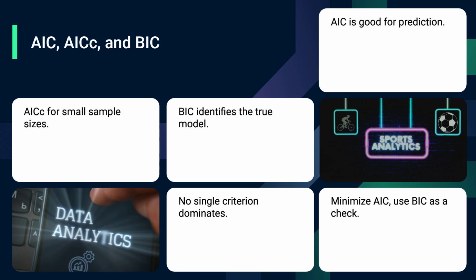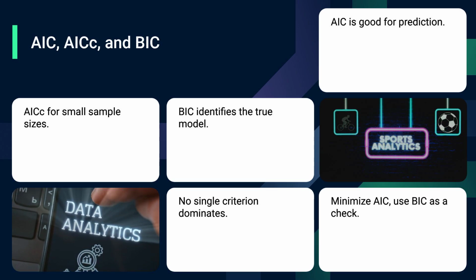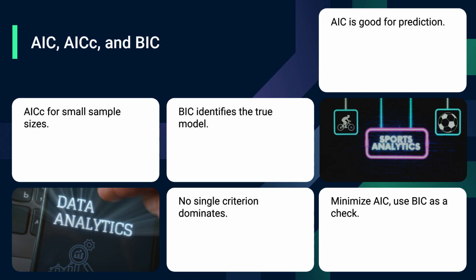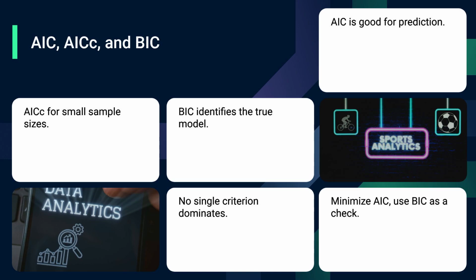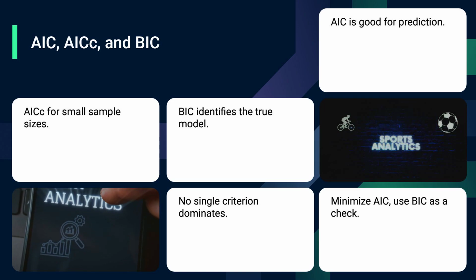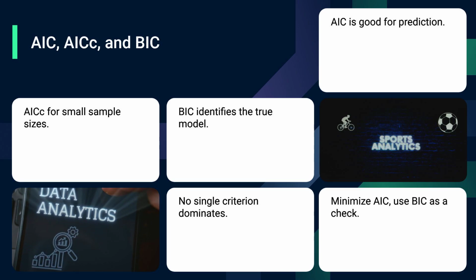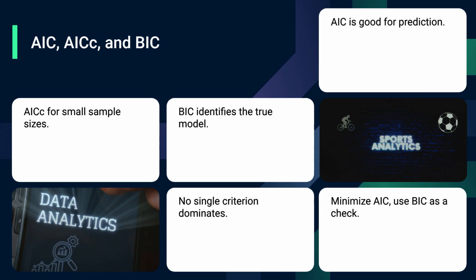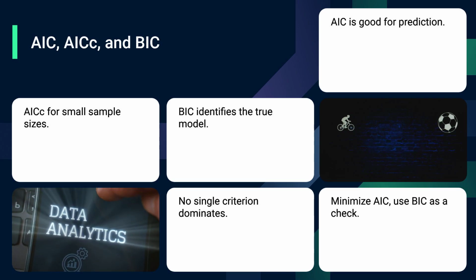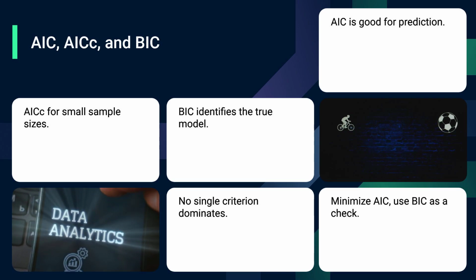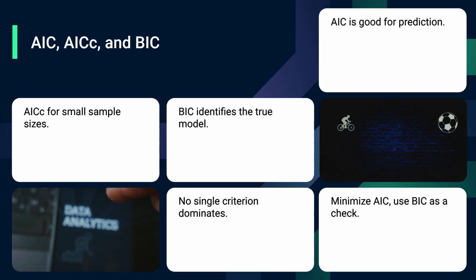For larger datasets, BIC might be preferred if the goal is to identify the true underlying model, while AIC can be a good choice when the focus is on prediction and a slightly more complex model might capture subtle patterns. No single criterion dominates. In machine learning pipelines, it is common to minimize AIC first and use the Bayesian information criterion as a reality check against overfitting.